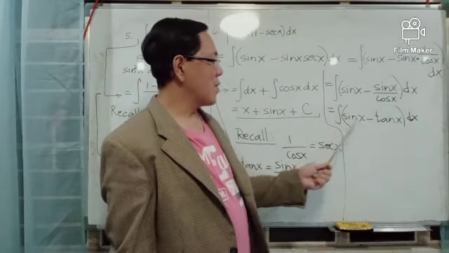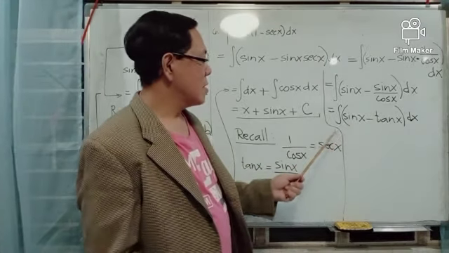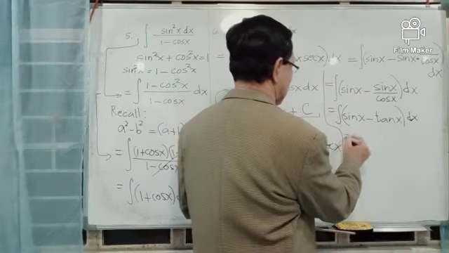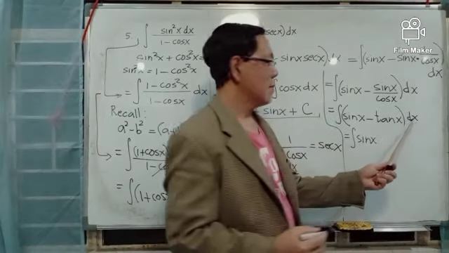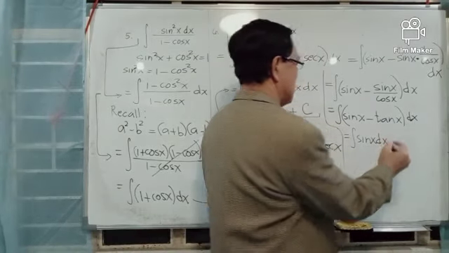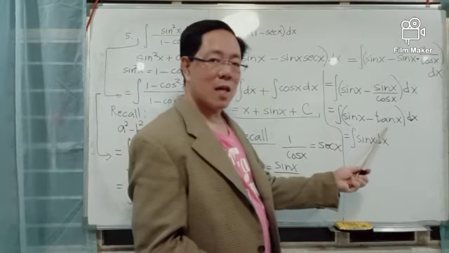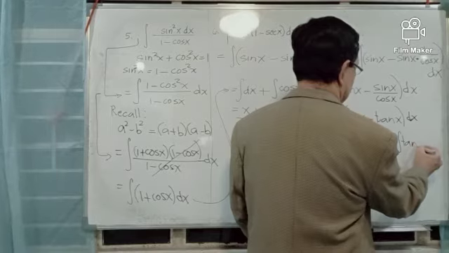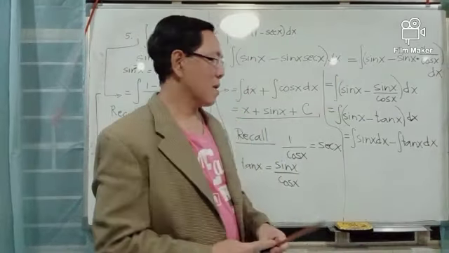Thus, the integral of the difference of sine and tangent is equal to the integral of sine x with respect to x minus the integral of tangent x with respect to x.